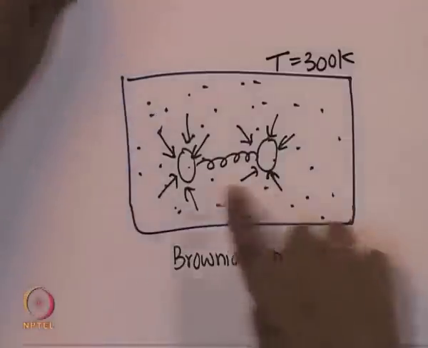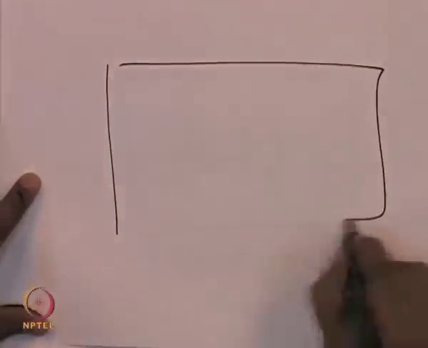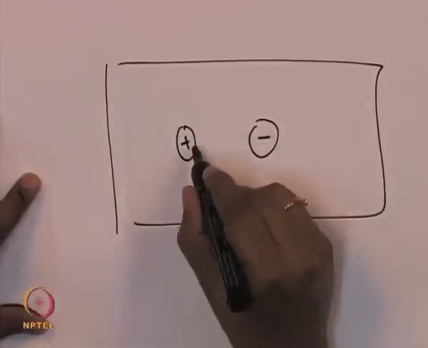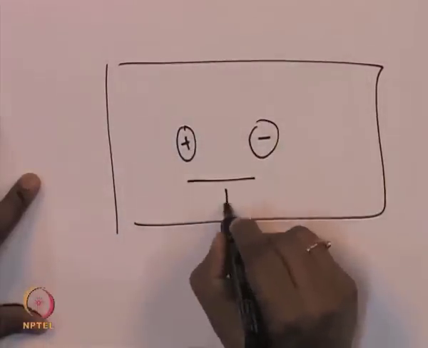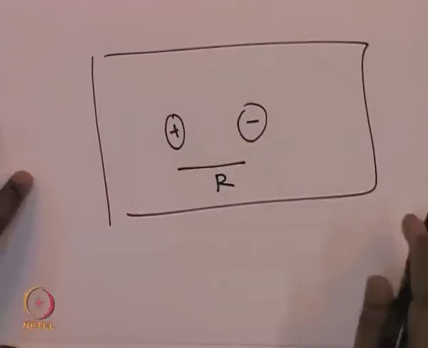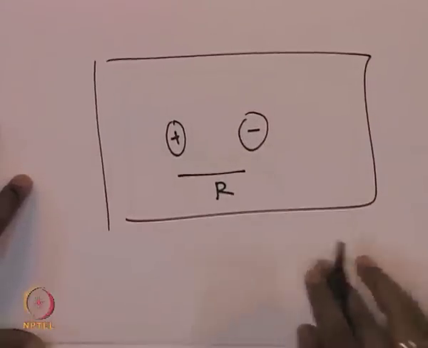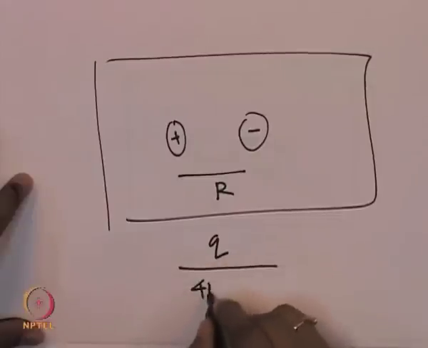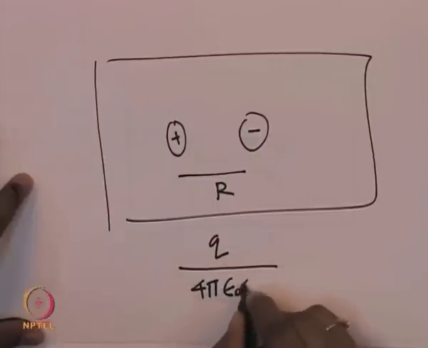Now, let us think of certain cases. For example, think of two charges in water, a plus charge and a minus charge. They are at a certain distance r apart, and from physics you know that the energy will be q by 4 pi epsilon 0 epsilon r.